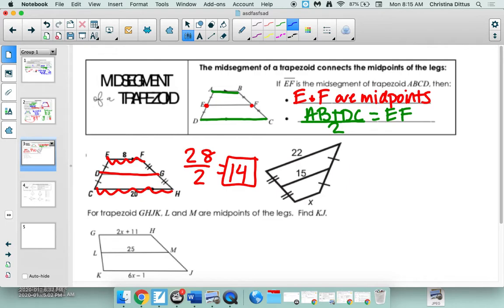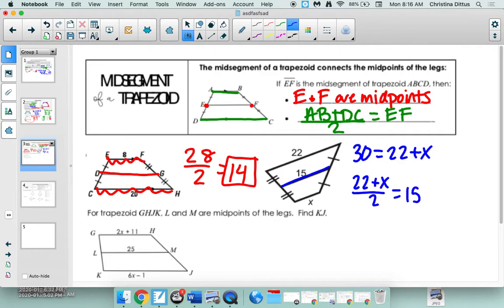The other thing, opposite of divide by 2 is times 2. So if you would rather do it this way, when you're given your middle number, if I double this, what do I get? So 30 has to equal 22 plus x, or you can just follow that equation from before, 22 plus x over 2 equals 15. It's the same thing, because you're still multiplying by 2, so you still get that 30.